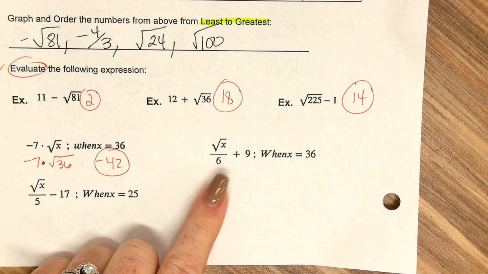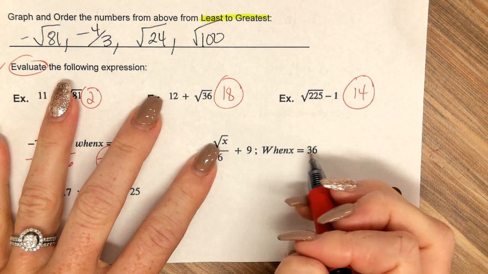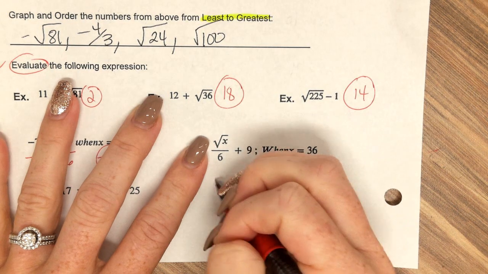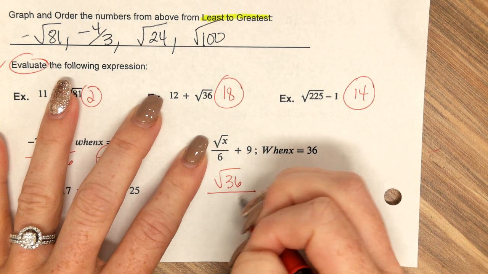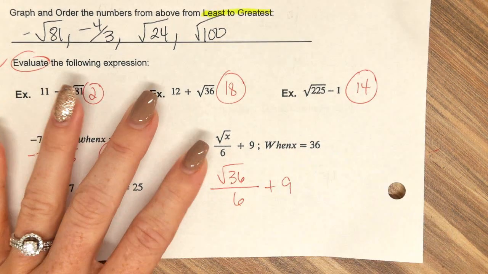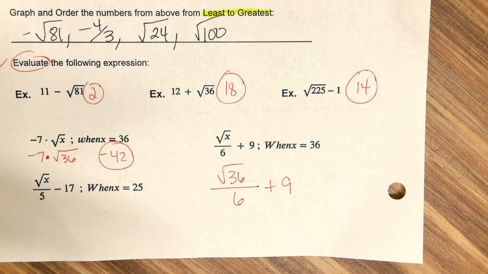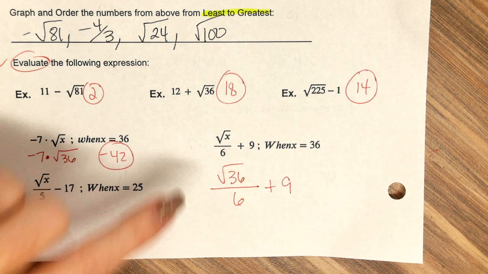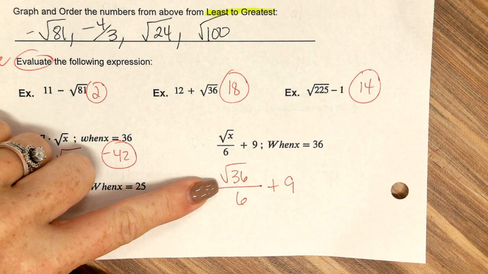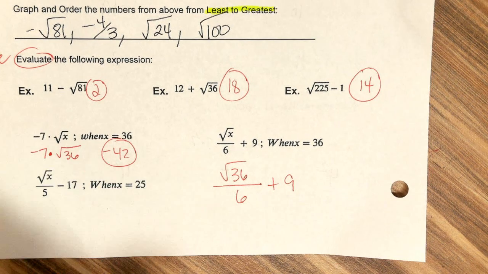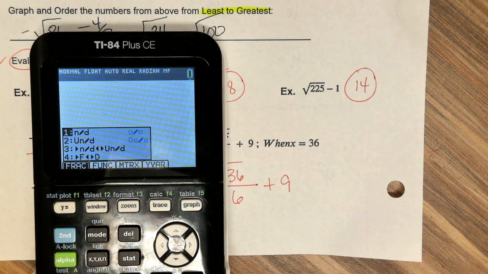All right, for this one, you're doing the square root of x, which what is x? So I have the square root of 36 over 6 plus 9. Now, if you know the square root of 36, it's just 6 divided by 6, but let's pretend you didn't know that. How would I put this in my calculator? If it's a fraction, I use alpha y equals, option 1.